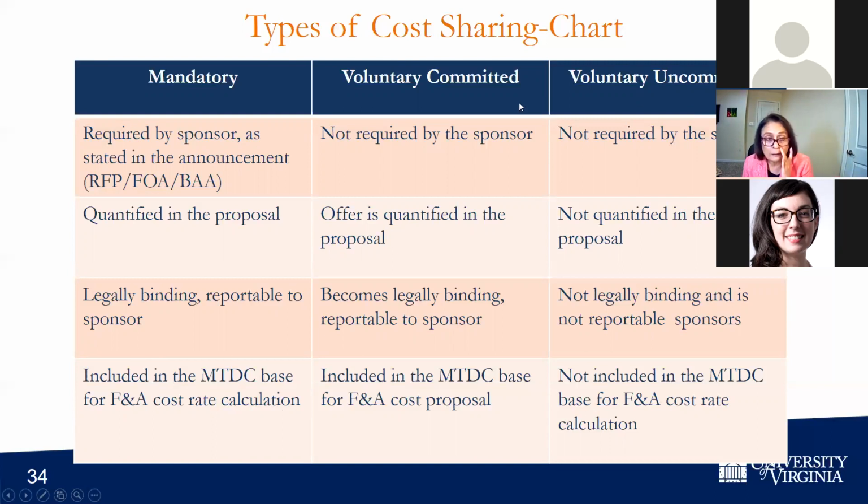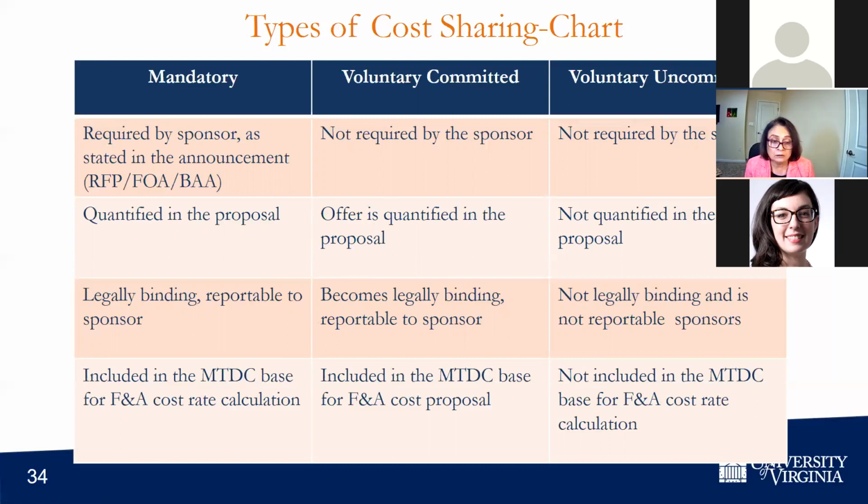Voluntary committed cost sharing is not required by the sponsors, not included in the solicitation, but we include a quantifiable amount in the proposal budget. When that proposal is awarded, it becomes legally binding. We have to report on that to the sponsor.